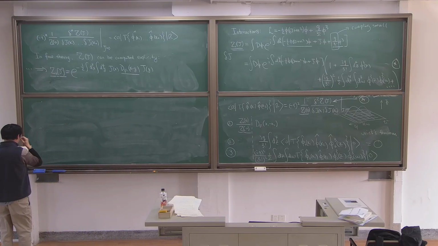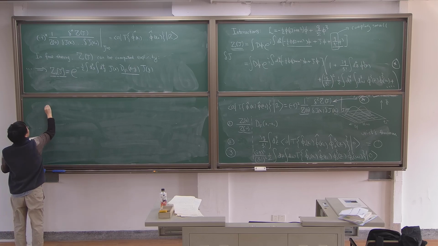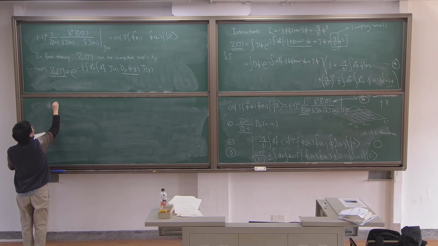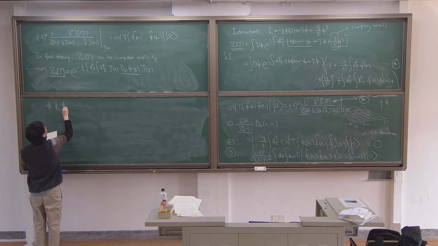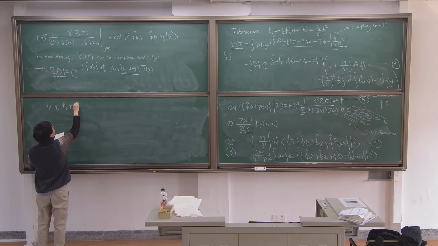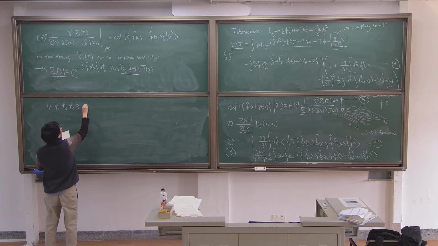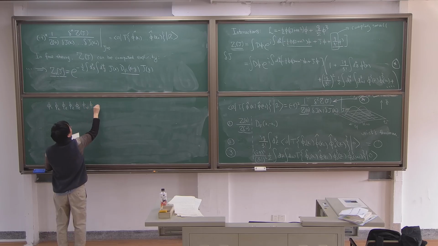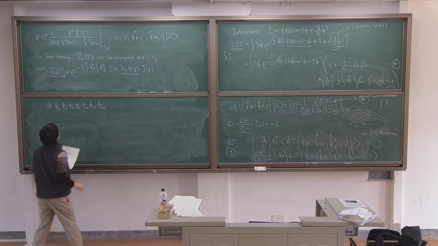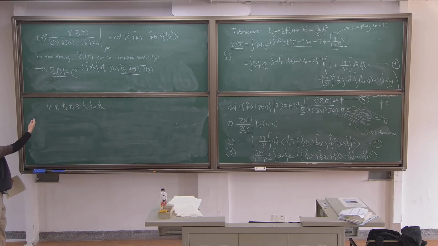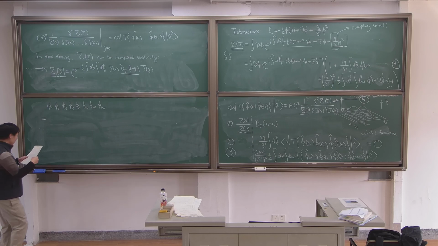You can count it by yourself. For example, let's write this more explicitly. These are the 8 operators. You just try to contract them pairwise, according to the theorem. How many ways to pairwise them? Then you get the result. For each pair, you get a Feynman propagator.